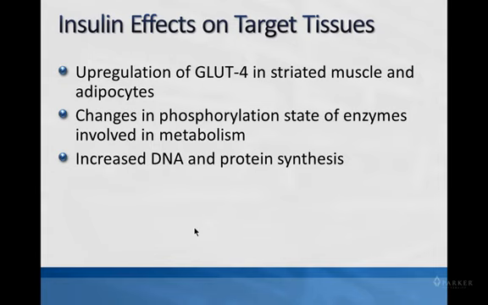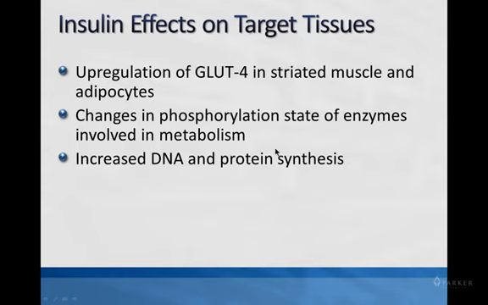One of the places it's going to affect is muscle and fat cells. One of the things it does that you saw in the earlier picture is it increases the production and insertion of GLUT4 transporters within striated muscle and adipocytes, which correspond to the majority of the tissue in your body, muscle and fat.